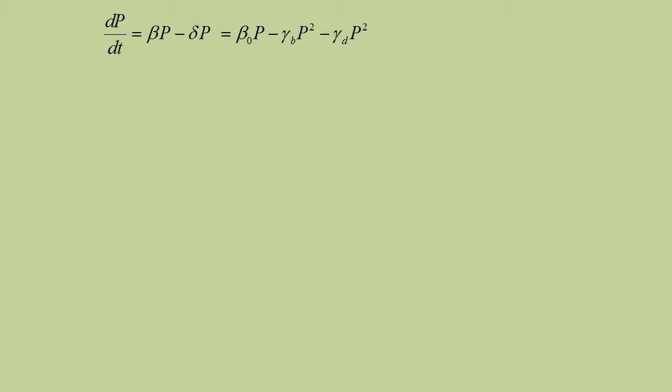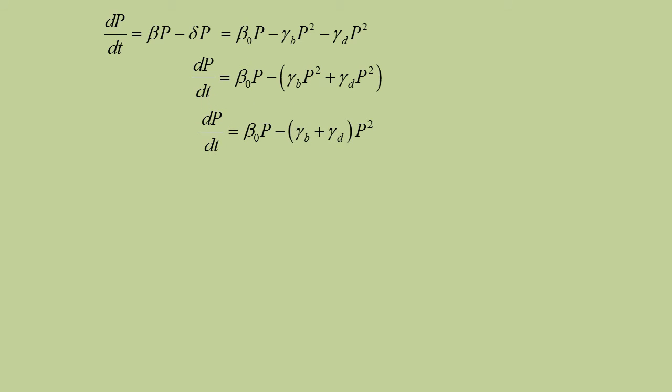So substituting those into our differential equation and then doing a little bit of algebra, like factoring out the P squared on the right, and then replacing the gamma sub B plus the gamma sub D with just a gamma, we end up with this. Now again, in our description, the beta naught is the constant birth rate that it would have been in an ideal population.